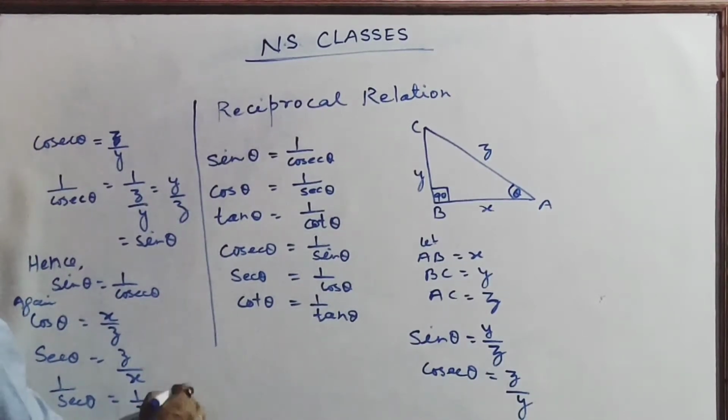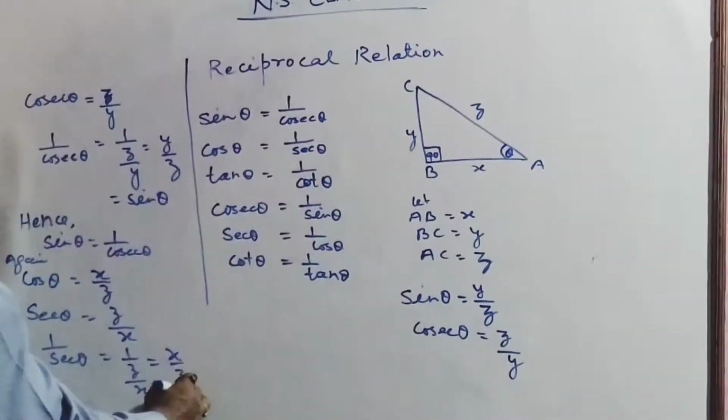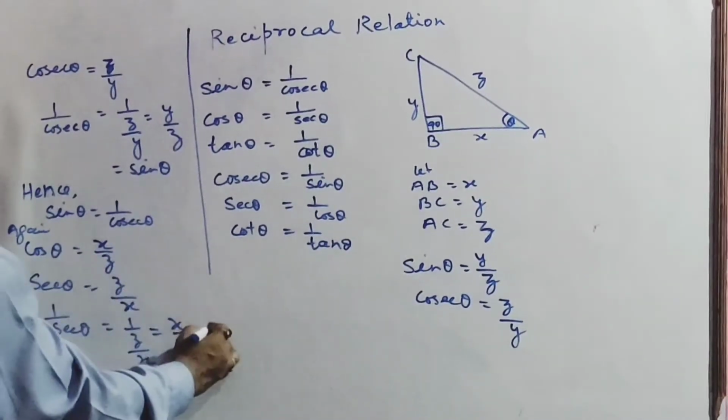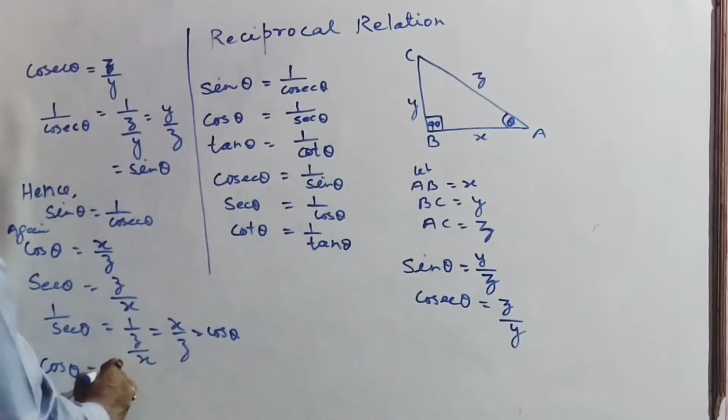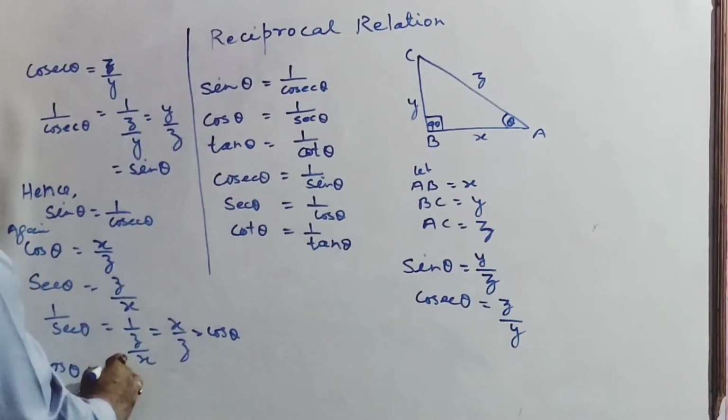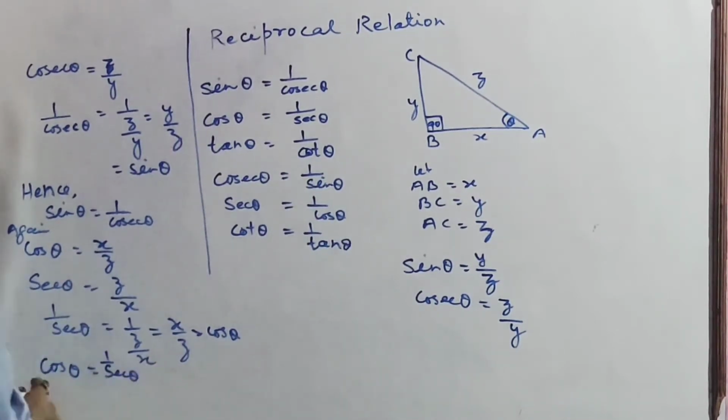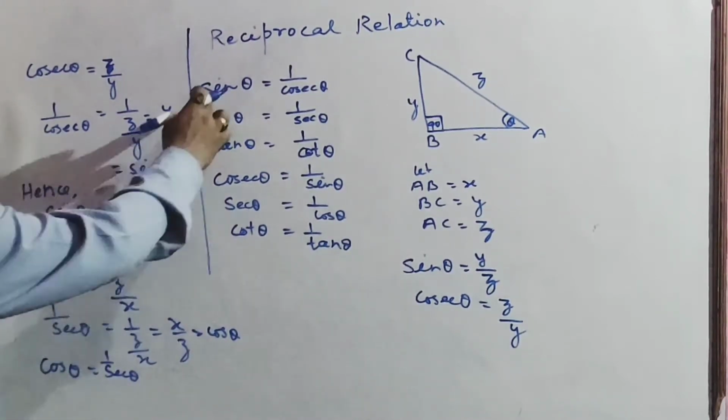So certainly it will be x by z, which is equal to cos theta. So we can write cos theta is equal to 1 by sec theta. Yeah, this is the proof of these two trigonometric ratios.